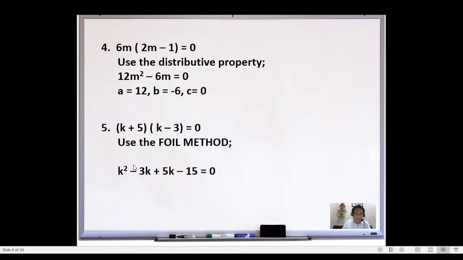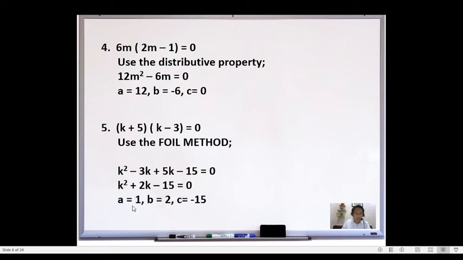So as you can see here, we can still simplify negative 3k plus 5k because they are what we call similar terms. So this is k squared plus, negative 3k plus 5k, that is 2k, minus 15 is equal to 0. So this is now the standard form of the quadratic equation.